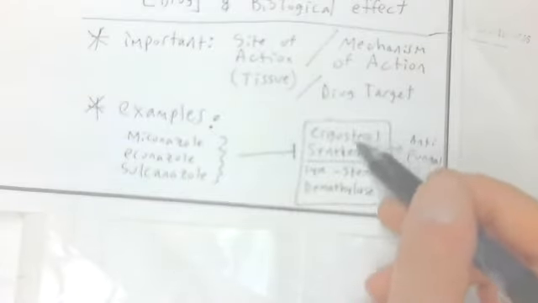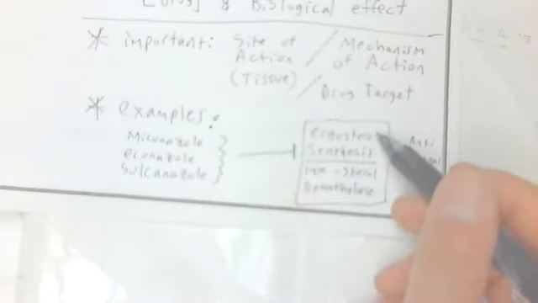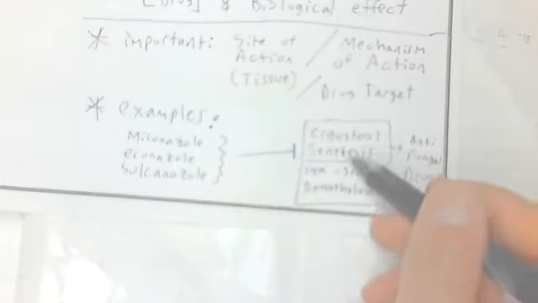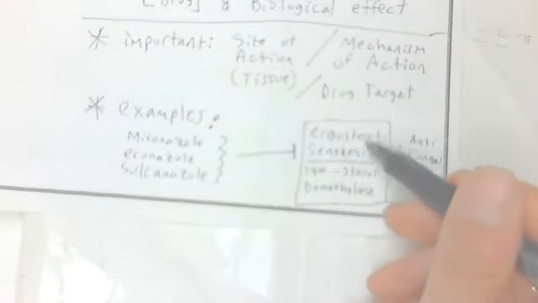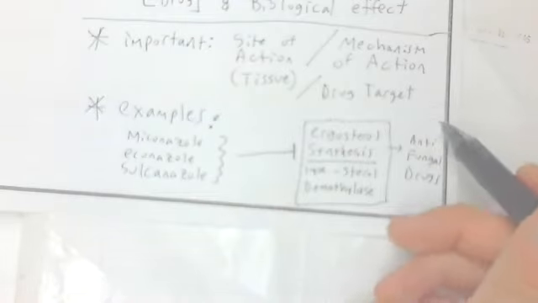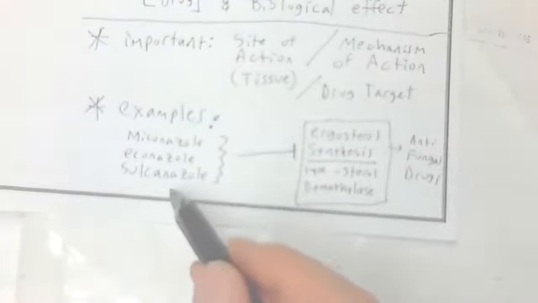So if you inhibit that, well, then the fungus has an imperfect cell wall, and that might be sensitive to other degradation or attack.